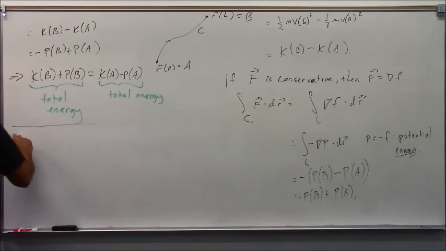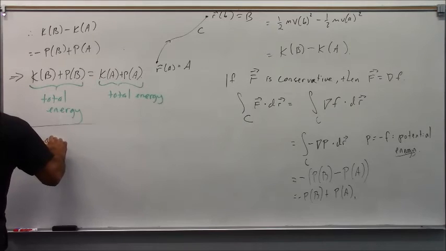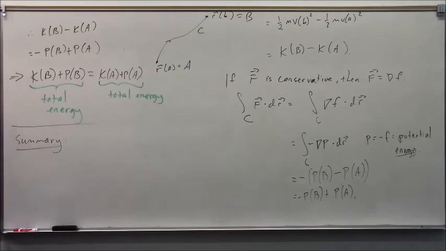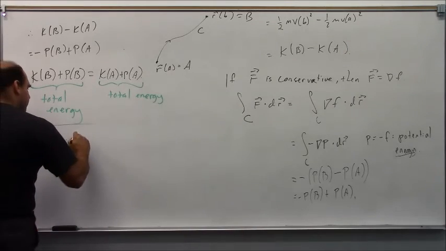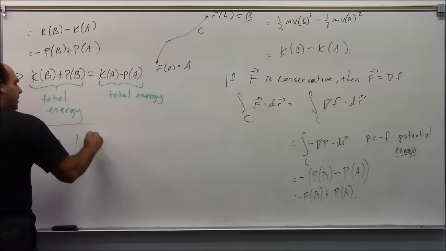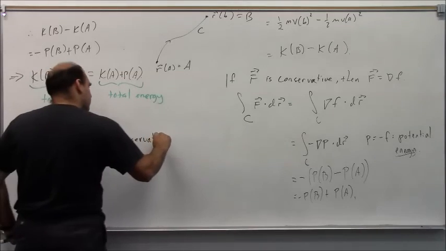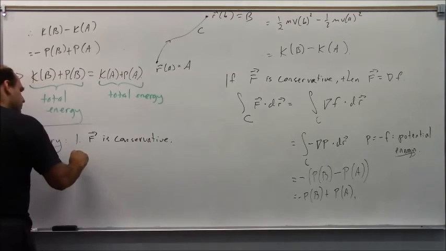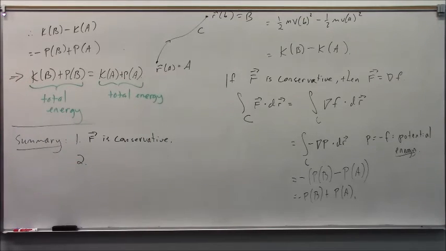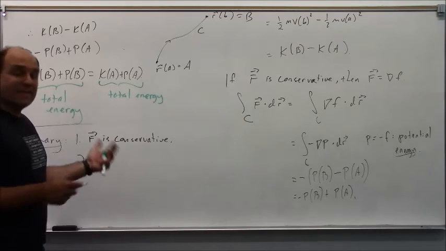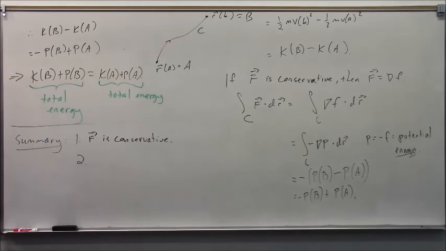Here's a summary of what we have. First of all, we can talk about f being conservative. And that means one specific thing, that it is the gradient of some function.